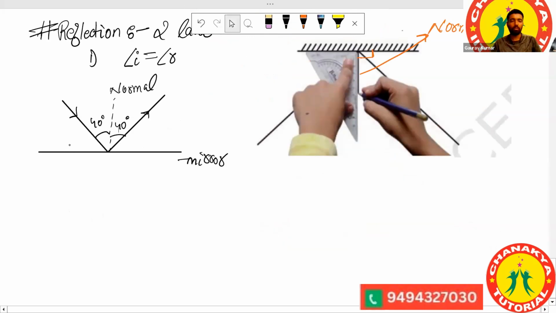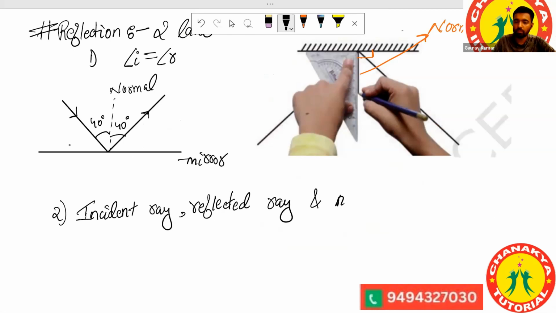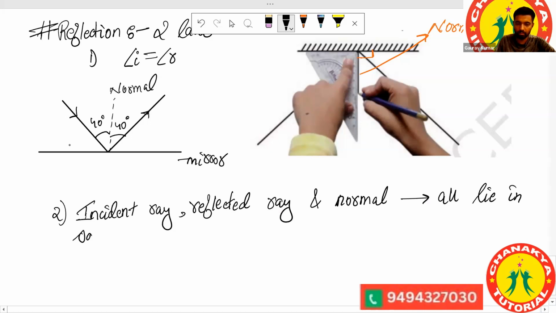Good. So the second law is that the incident ray, reflected ray, and normal all lie in the same plane. What do you understand by a plane?